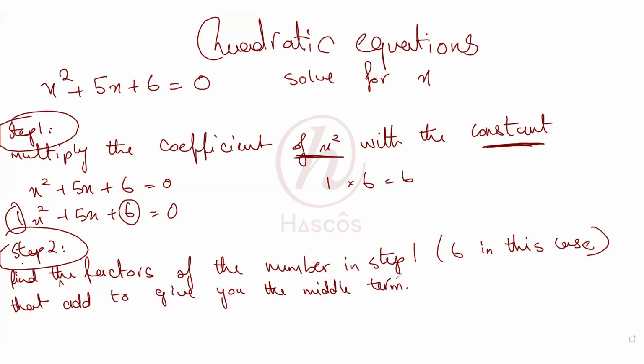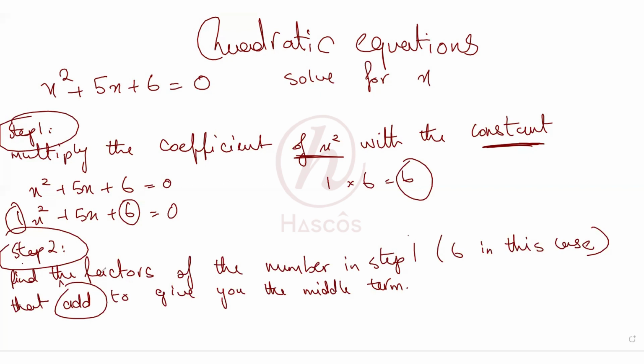Now factors are two numbers that multiply to give you a certain number. So we need factors of 6. We need numbers that multiply to give us a 6, and that add up to give us the middle term.